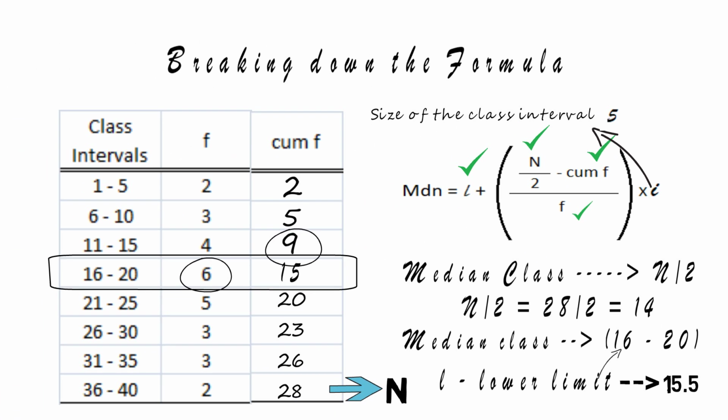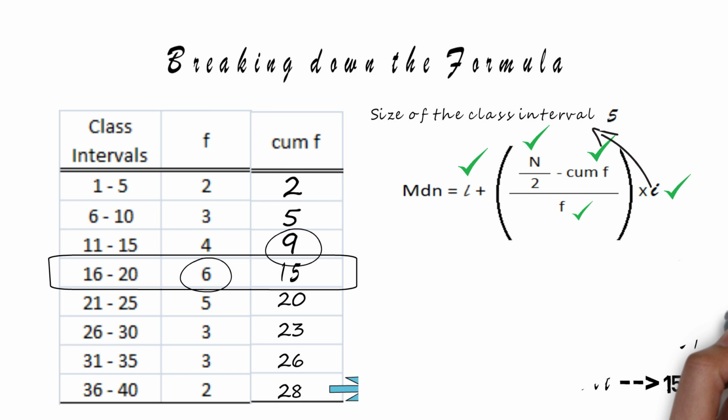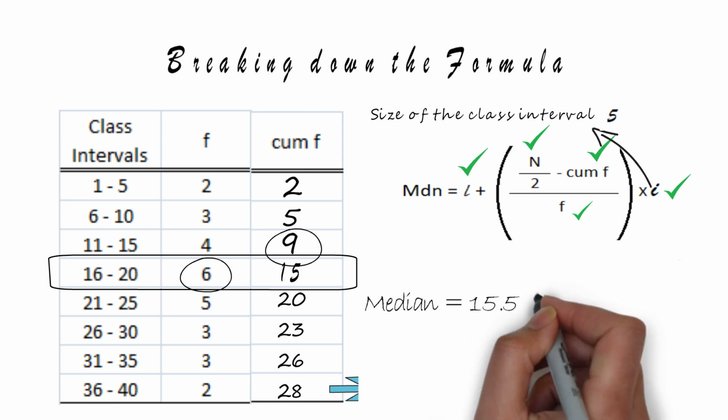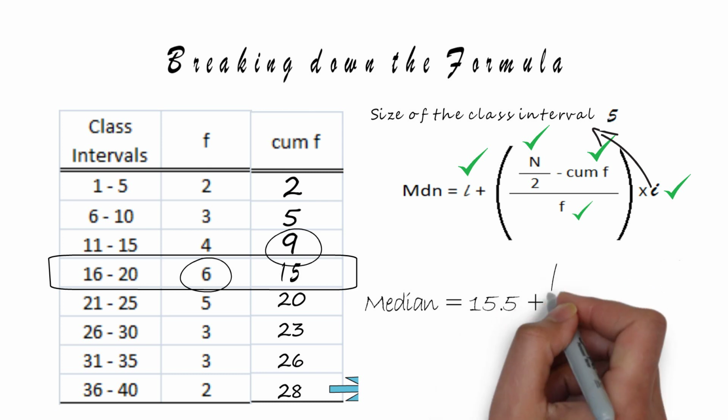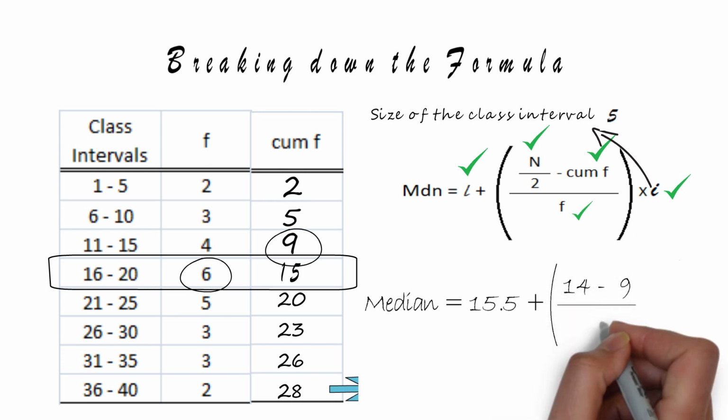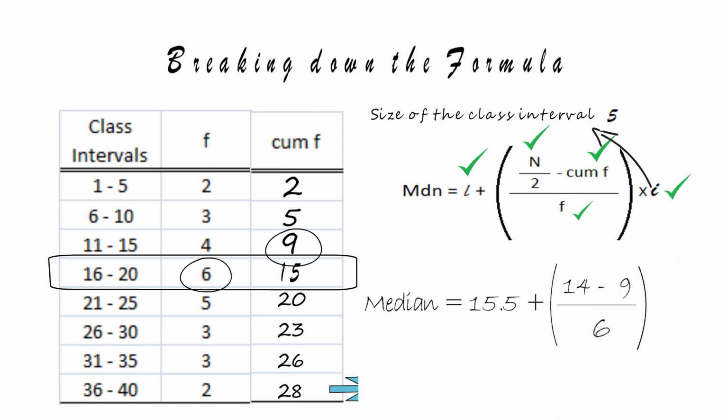Now we have values of all the elements in the formula. Substitute values and solve to get the median. Median is equal to L, 15.5, plus n by 2, which is 14, minus CF, which is 9, divided by frequency 6, into 5.